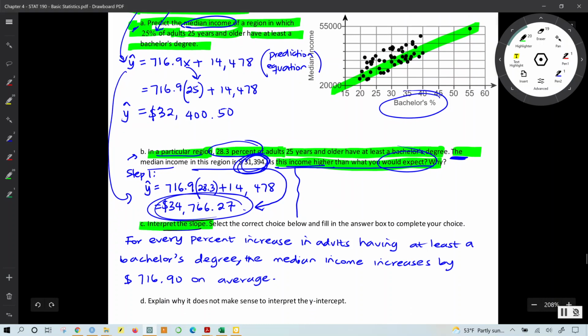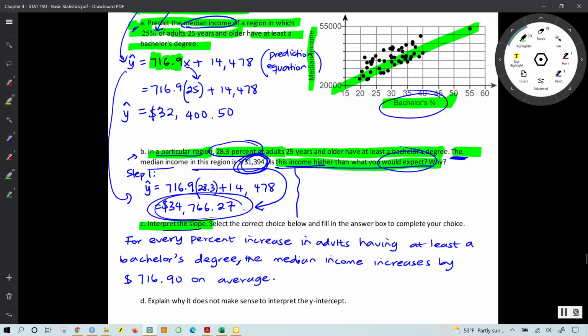Then the next step is to interpret the slope of the regression line. To interpret the slope, the first thing you should do is to look at the number beside x in the regression line. What is the sign? It is a positive number. If it's a positive number, it means that as the percentage of bachelors increases, median income is also expected to what? Increase.